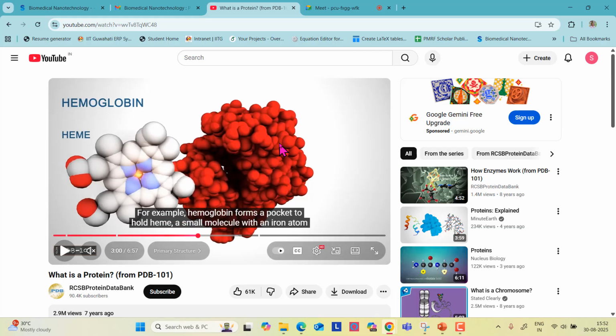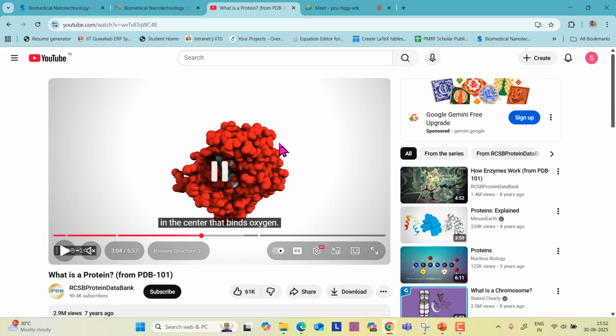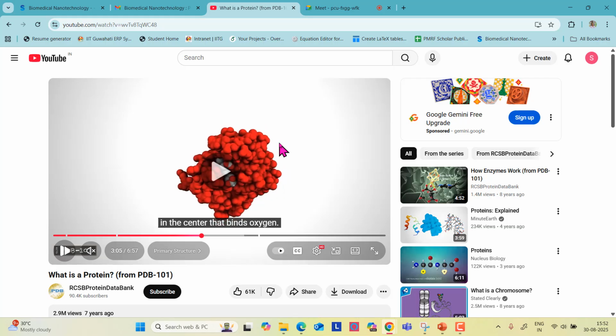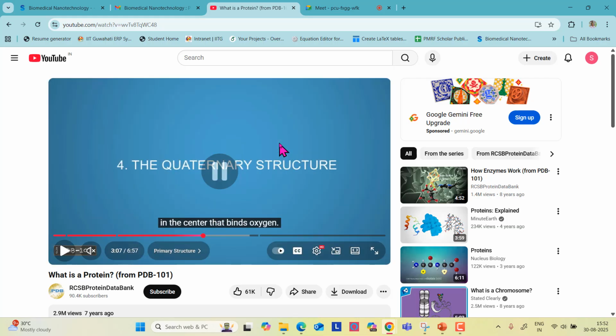For example, hemoglobin forms a pocket to hold the heme, a small molecule with an iron atom in the center that binds the oxygen. This is the example of tertiary structure of the protein.